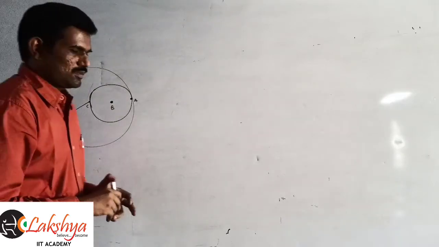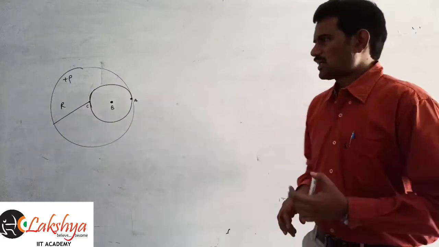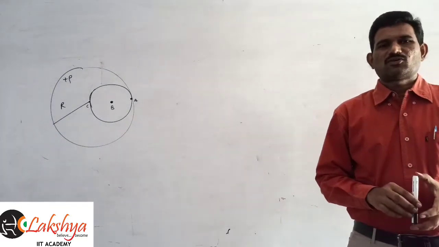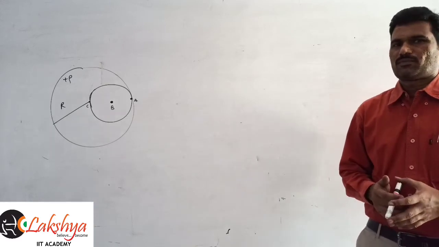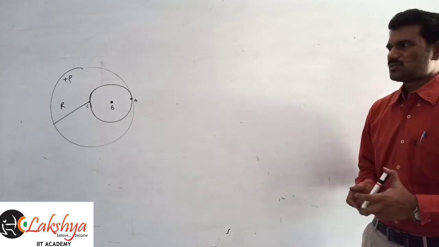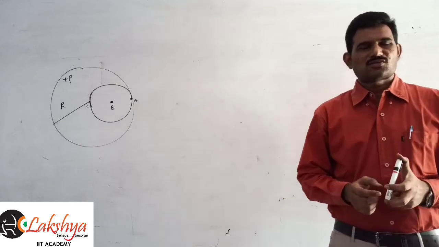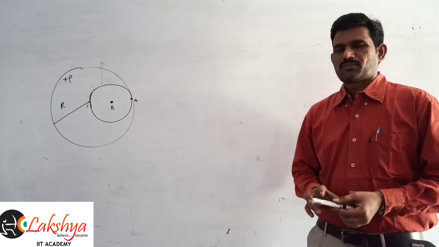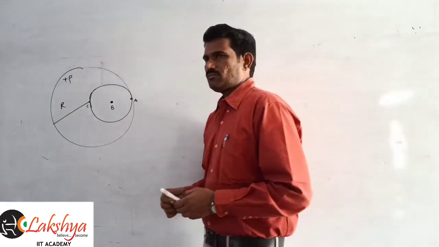A spherical cavity of diameter r is made in a sphere of radius r having charge density rho.